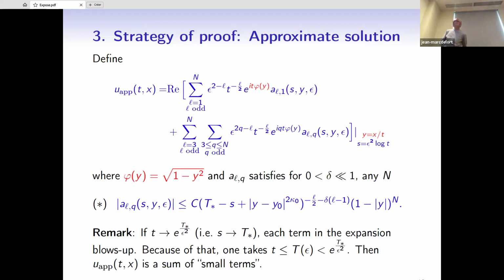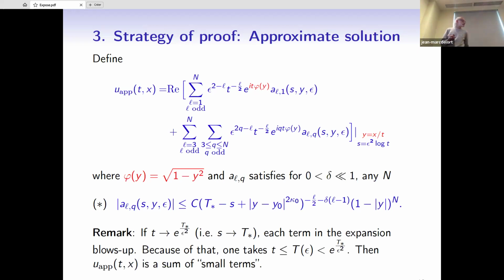So let me insist on what is the most important point. It is that we have an upper bound in terms of negative powers of a quantity which at point y equals y0 vanishes when s goes to t star. So if this upper bound is also a lower bound, it means that this a L1 actually blows up when s goes to t star. So it is this property which will provoke the norm inflation.